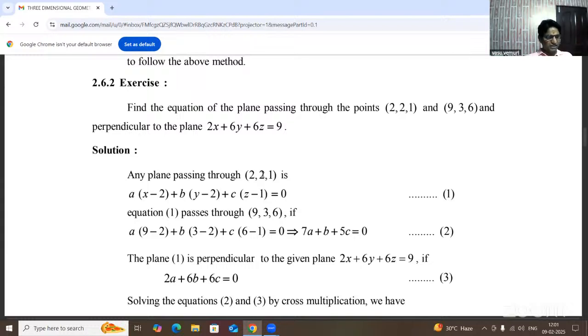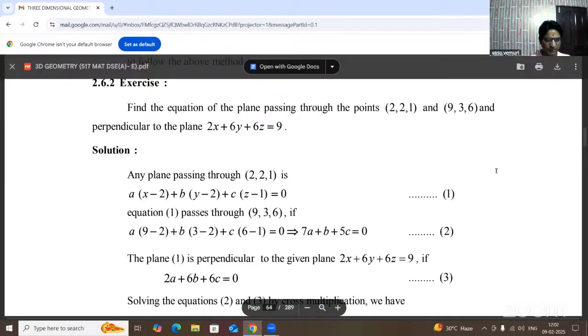The first equation also passes through the second point, 9, 3, 6. This point is x1, y1, z1. Replacing x, y, z in the first equation with x as 9, y as 3 and z as 6, we get a of 9 minus 2 plus b of 3 minus 2 plus c of 6 minus 1 equal to 0.